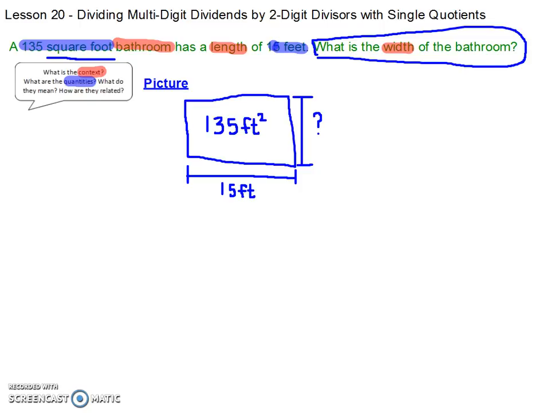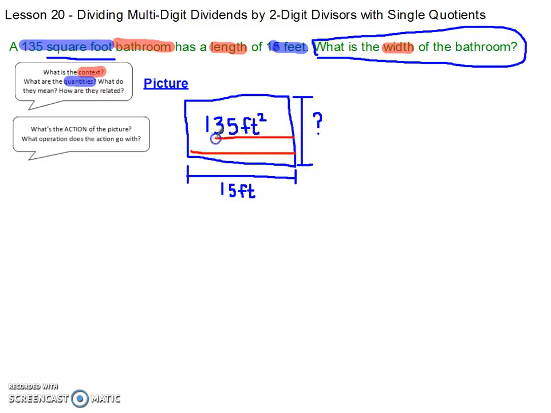So in this picture, if we're trying to find the width, we know that we're trying to find about how many feet I would make going across. And the action that I'm performing here is I'm dividing this up. I'm separating out the width. And so the operation that would go with that action would be division.